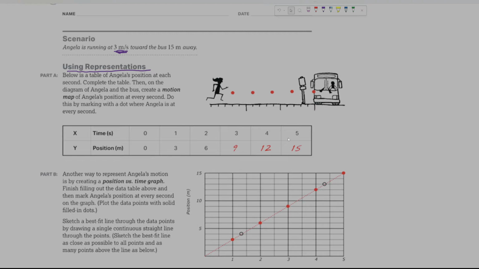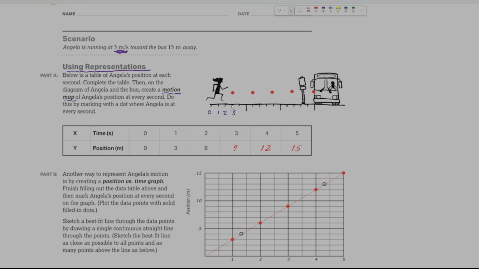Then here is the visual representation, the motion map. A motion map is typically just like this. It's a bunch of dots that represent where the object is at any given time. So we have our Angela starting at 0, 1, 2, 3, boom. So basically this is 0, 1, 2, and 3 meters, and so on and so forth.